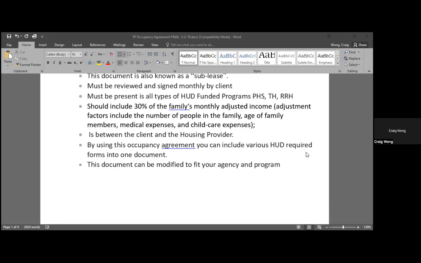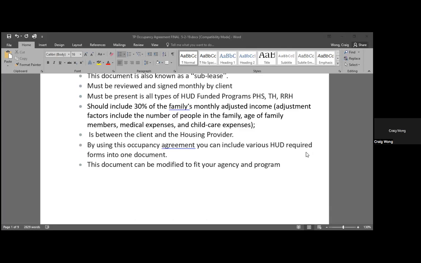Oftentimes in years past, we've seen organizations who have termination proceedings in their agreements, but it's not the correct HUD required language. So this document has that language. And also your mandated reporter information, all part of this documentation. So it actually consolidates your case record by having everything in this agreement. That's what I love about it.